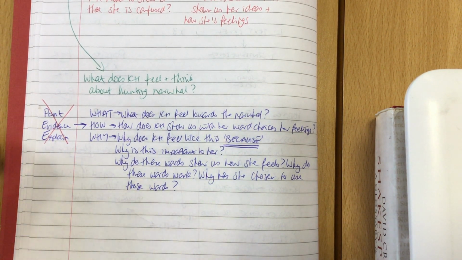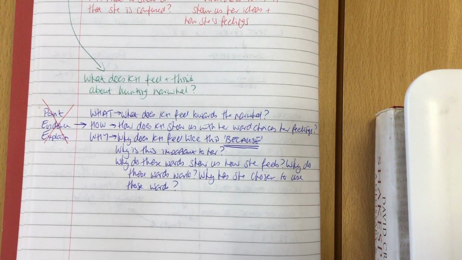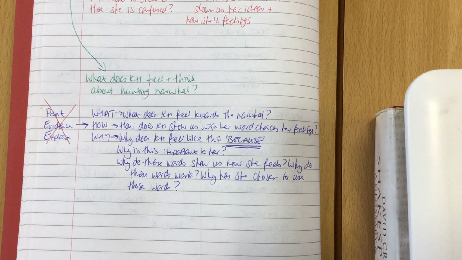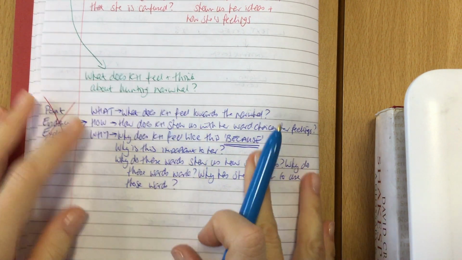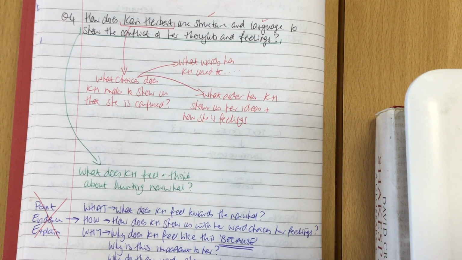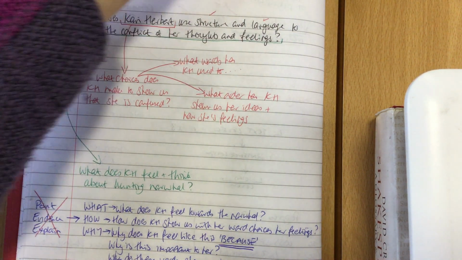Yeah. Why not? Okay. So with your anthologies then, let's have a look at the first question. You've got all the notes. So the question is, what choices, what words has she used to show us how she feels, and in what order has she shown her ideas?